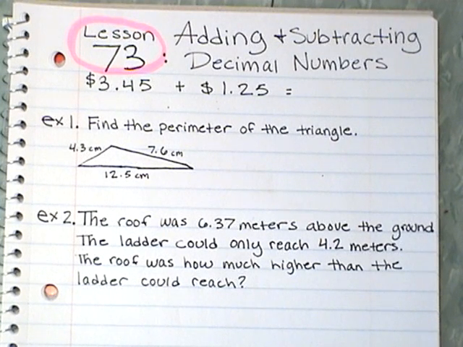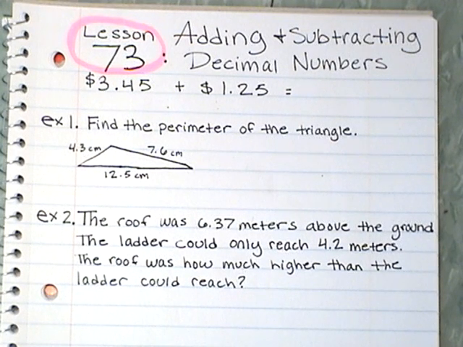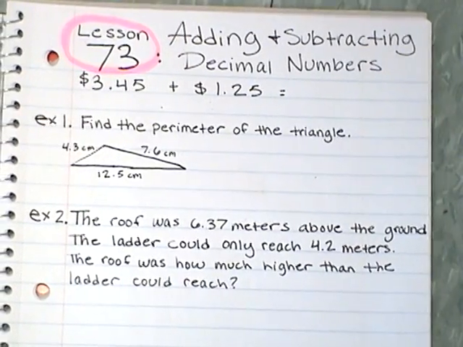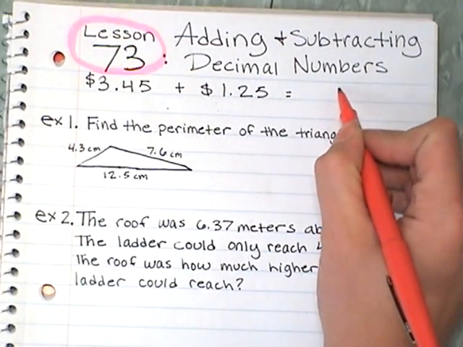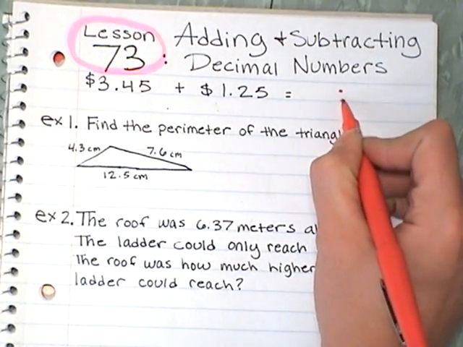So I give you the first one, $3.45, and then the second one, $1.25, and we're adding them. So go ahead, just kind of as a refresher, add these two numbers together. Now we want to line them up vertically, so go ahead and do that. So before I even start, I might just write my two decimal points.